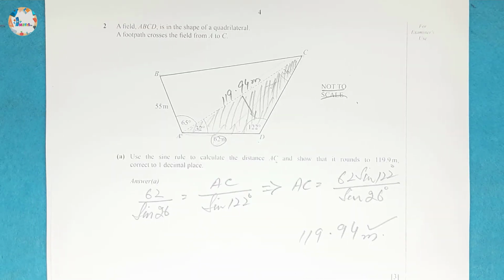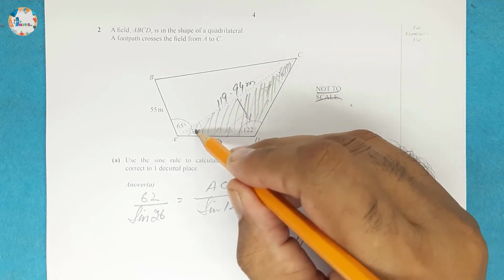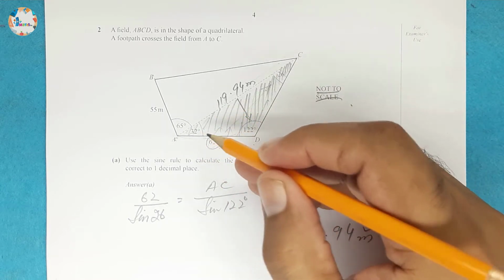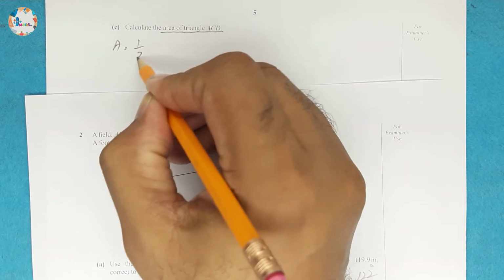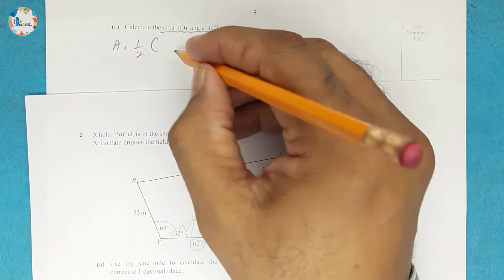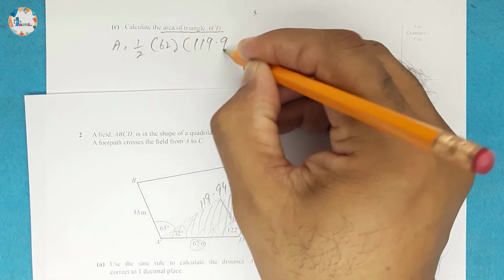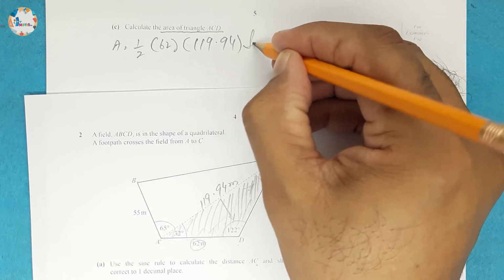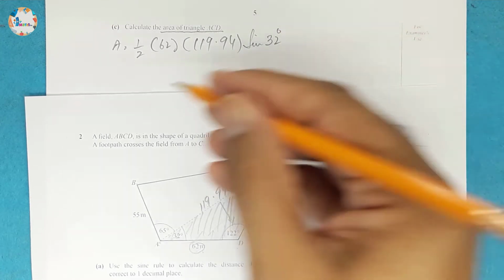Basically half into AB sine C we can use. So we will be writing here area will be equal to 1 by 2. One side we can take as 62, the other side we can take 119.94 into sine of the included angle, which is 32. So we can write here 32 degrees.